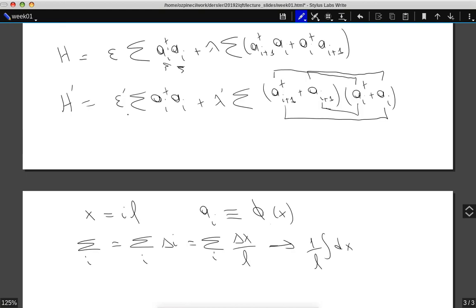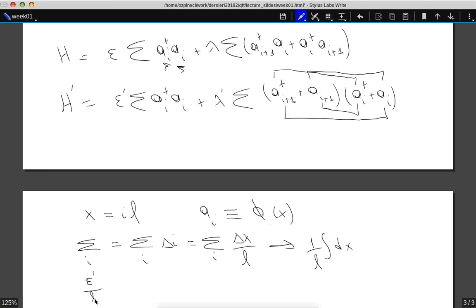Now let's see what this epsilon is. Let's just imagine we have a state in which at every site we have a single particle. And let's just ignore the lambda prime term for the time being. If we ignore the lambda prime term, then epsilon prime will be the energy at each site. So epsilon prime over L is the energy per unit length along this one-dimensional system.